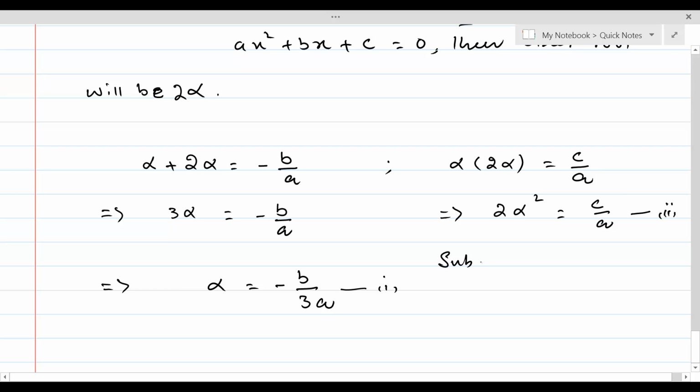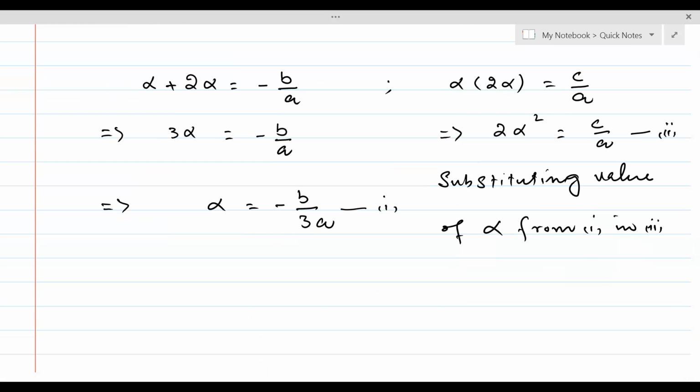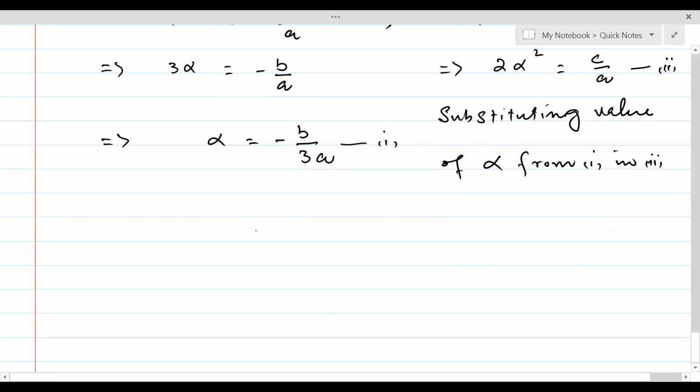Now substituting the value of alpha from 1 in 2, what we get is 2 times alpha square, meaning minus b over 3a squared, is equal to c over a.